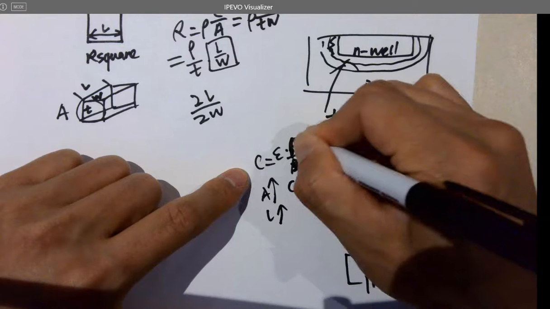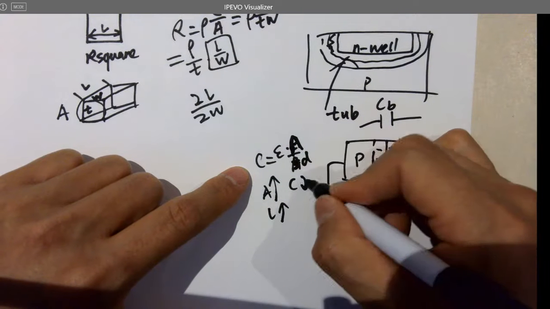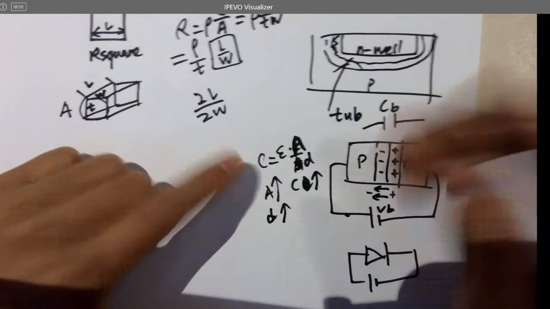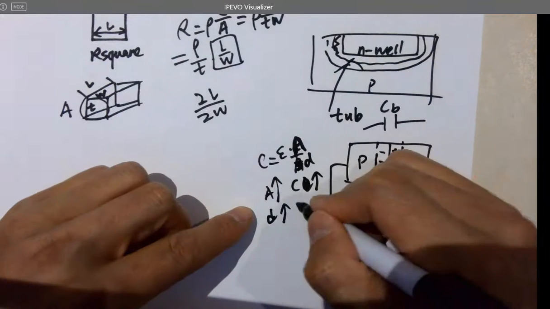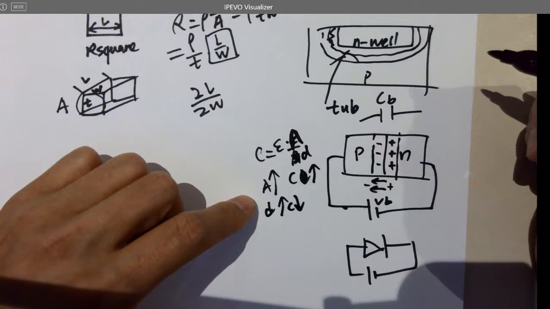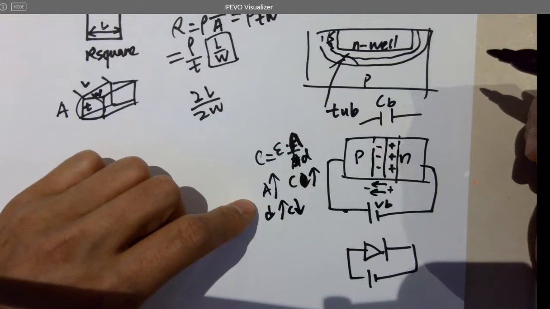Sorry. So larger A, larger cap. Longer distance, bigger gap, smaller cap. Right? But there's a cap.